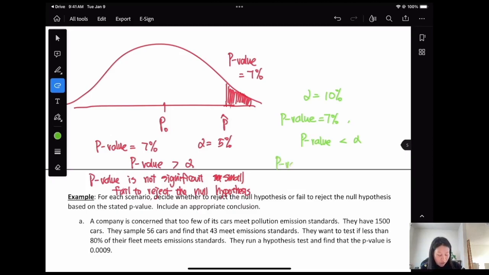So our p-value is small, significantly small. In that case, we reject the null hypothesis, because the p-value is smaller than alpha. So it really depends on the case, how they set it up, what they want for alpha. Some people want 1%, some people want 10%, some people want 5%.